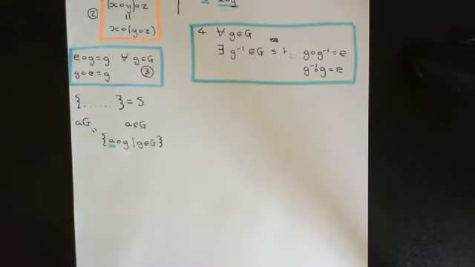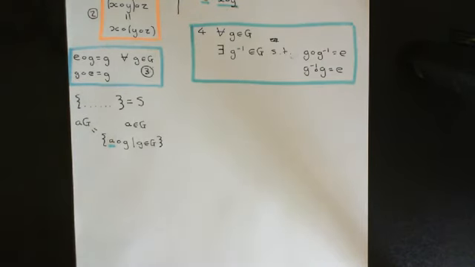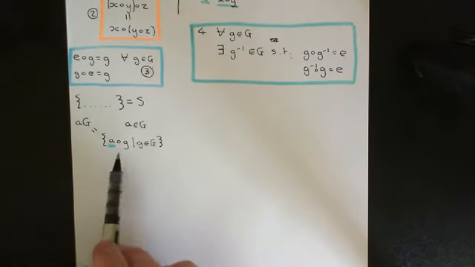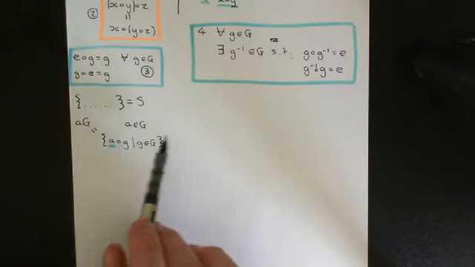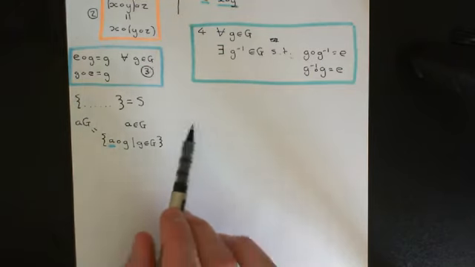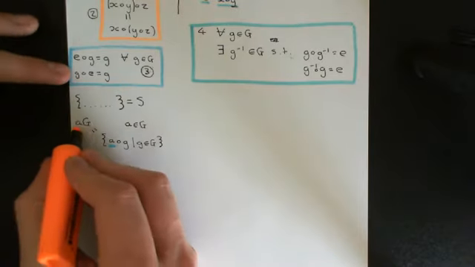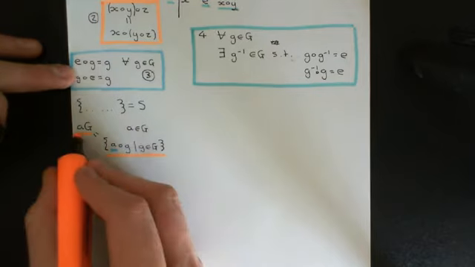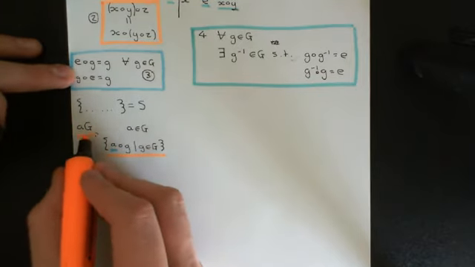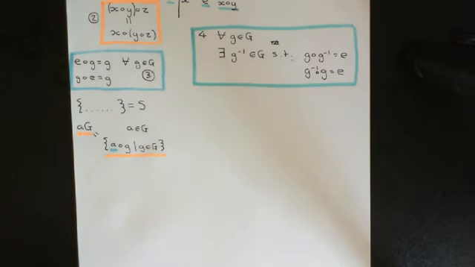I will often use multiply and compose interchangeably. You multiply every element of the group by a, and you collect all of the answers in a great big set, like so. And that is what is meant by aG, basically. It's all left multiples of the elements of the group by a.